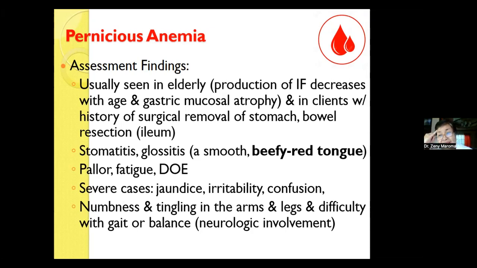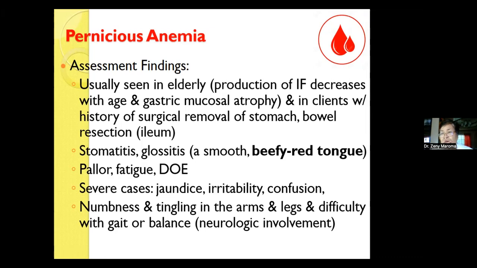Anong nursing diagnosis? Nursing diagnosis, activity intolerance, altered tissue perfusion, or simply fatigue. Natatamad, activity intolerance, fatigue, madaling mapagod. Okay. Pangalawa, ito, stomatitis, glossitis. So there's alteration in oral mucous membrane.